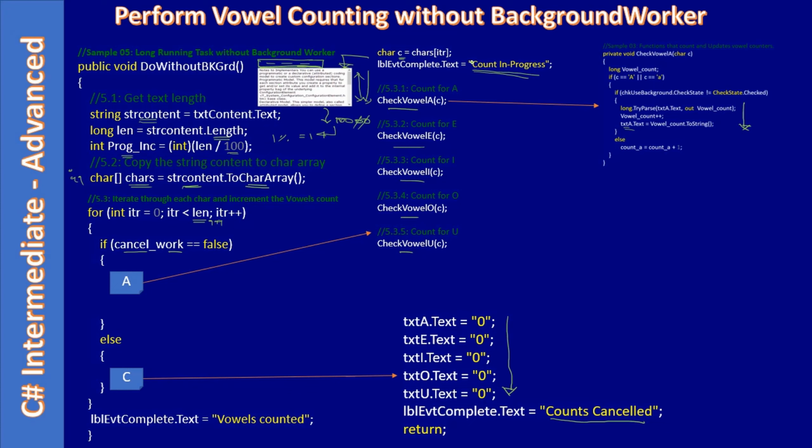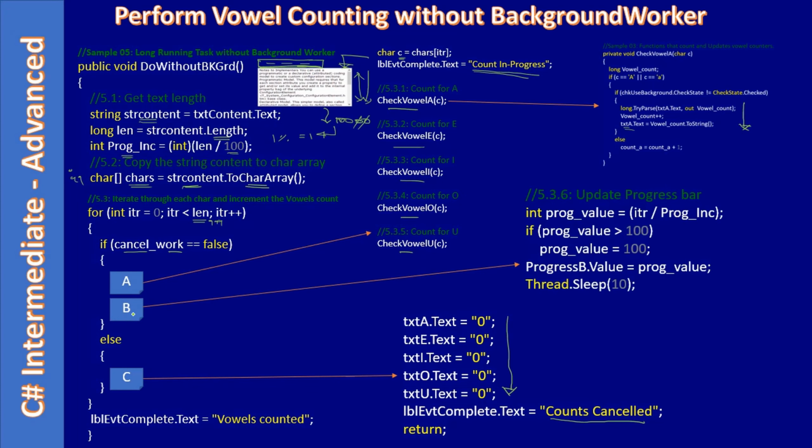Alright, so this is the label we are updating. When the count is going on, that means cancel work is false, each time it will show count in progress. But when it is cancelled, we will land up here and say count is cancelled. We also return from the function, so from do without bkgrd, we will return.